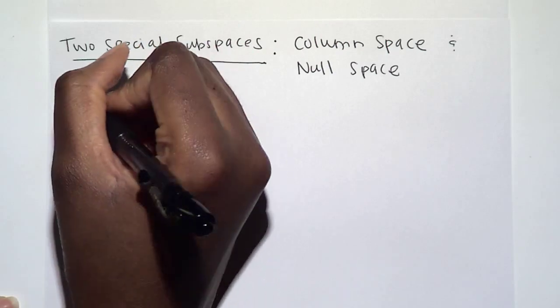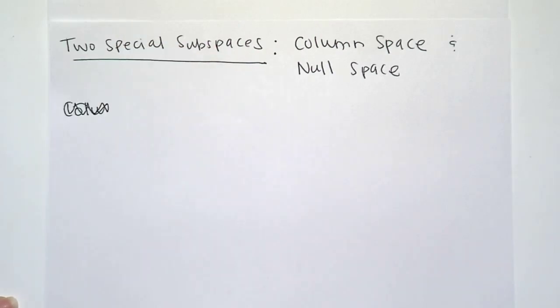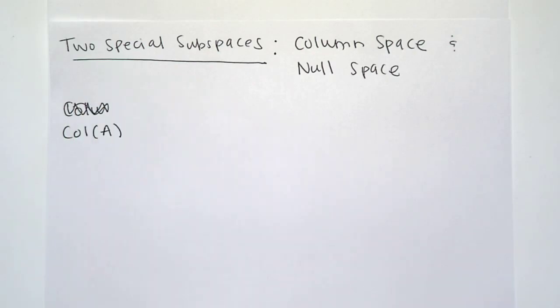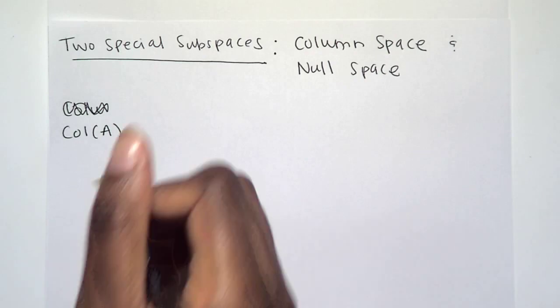Column space. COL of A is what we're going to use to denote a column space.